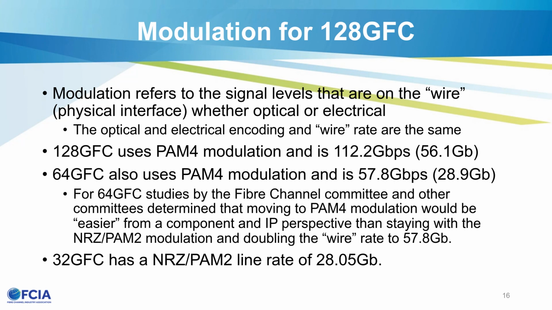No conversions within the module at all. What's generated by the host, whether it's an HBA ASIC or switch ASIC, is also the same signaling rate and modulation that's used on the optical link. And 32 GFC, as stated previously, was NRZ and PAM2 with a line rate of 28.05.